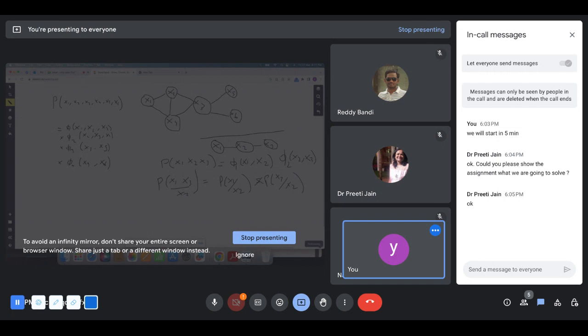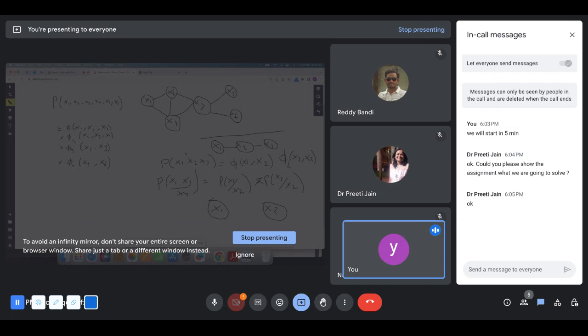What happens is, once you are given x2 and you want to view the function only as a dependence on x1 and x3, provided x2 is fixed to some value, it is as good as removing this node from the graph. So here you have two independent nodes, independent given x2.